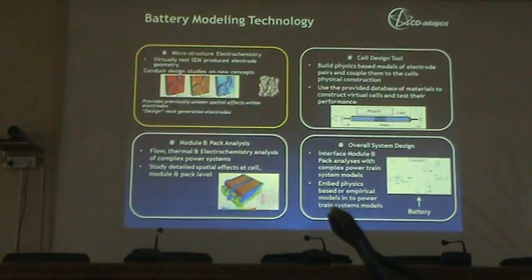So now I have just a couple of slides on microstructure electrochemistry, because it is a complex CFD simulation. We have something called a discrete element model implemented, which is generally used for particulate flows or particle analysis. So we use that model in STAR-CCM+ to actually create our electrodes.